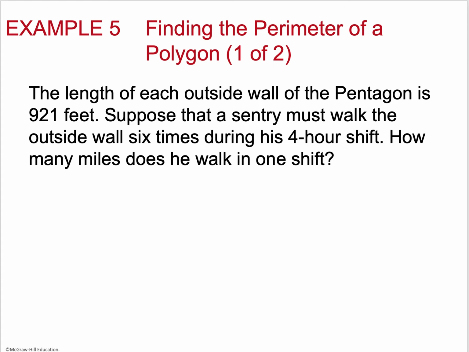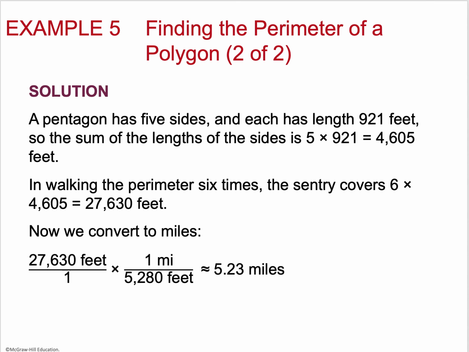And in this example, the length of each outside wall is the same, so first of all, I have a regular polygon. How many miles does he walk during his one shift? The sentry must walk the outside wall 6 times during his 4-hour shift.